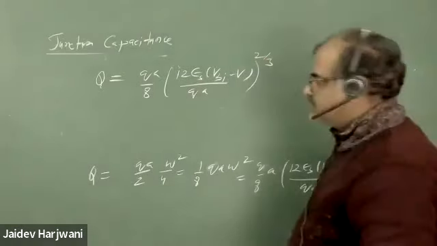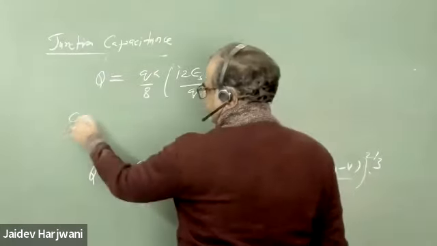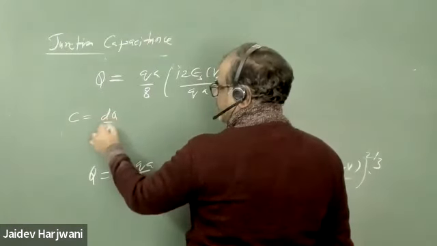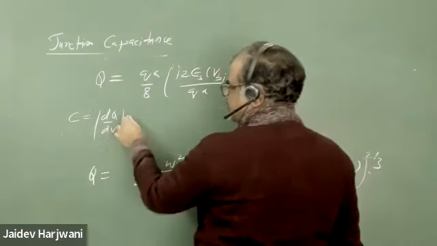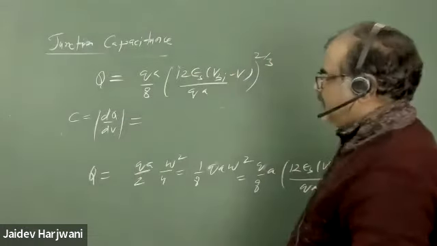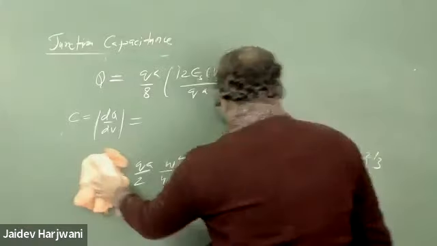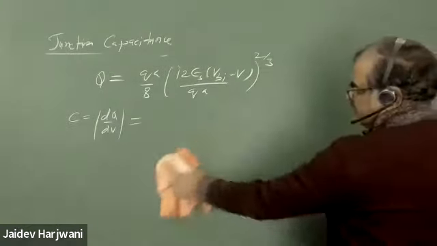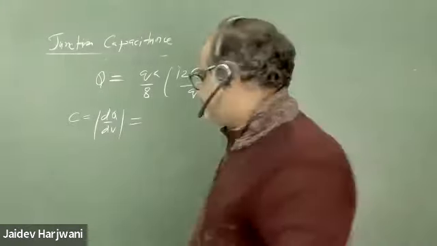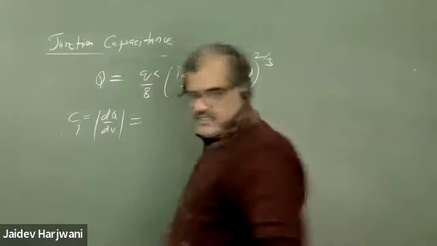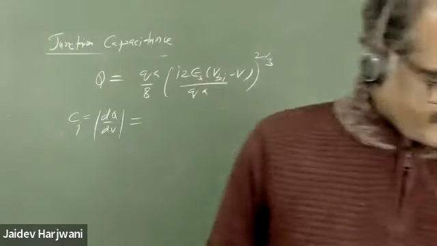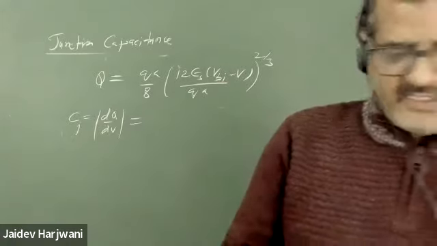Now just differentiate this equation. See, dq upon dv, keeping the positive value. If you differentiate this one, I'm just writing the final expression, because I need only the final expression. So I can get the final expression by differentiating this one.